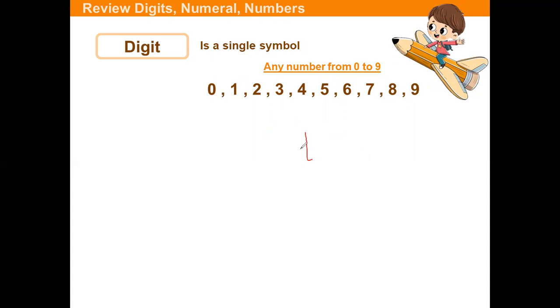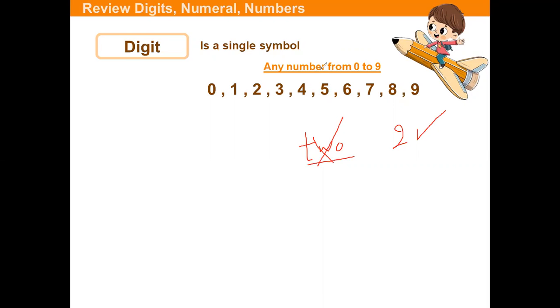Okay, if I write 2 in letters, is it a digit? No, it's not a digit. So any digit written in numbers, we call a digit. Any number written as letters is not a digit.